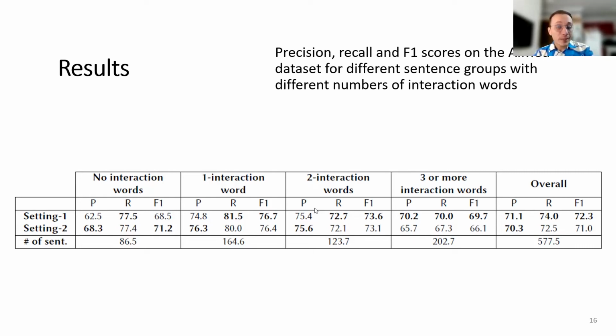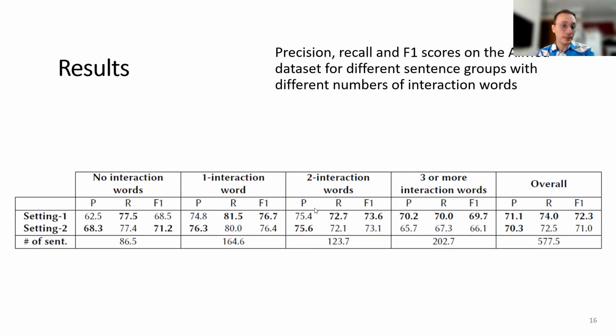More specifically, we still get a higher precision score in the second setting for the first 3 groups, which are no interaction keywords, 1 interaction word, and 2 interaction words. We still get better precision scores here, but our score dramatically falls if a sentence contains 3 or more interaction words.